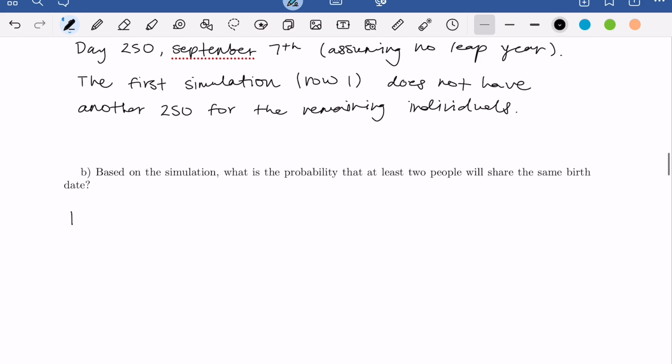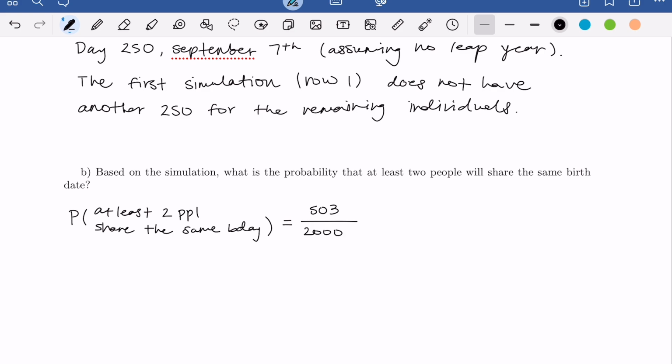So the probability that at least two people share the same birthday. Well, we know that we saw 503 simulations resulted in at least two people sharing the same birthday out of the 2,000 simulations that we had.